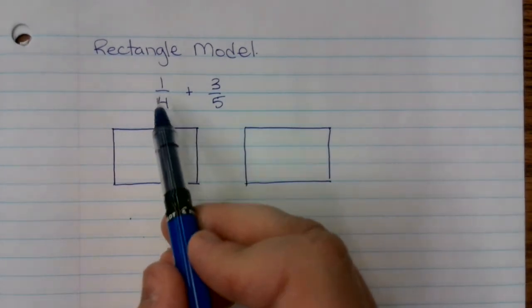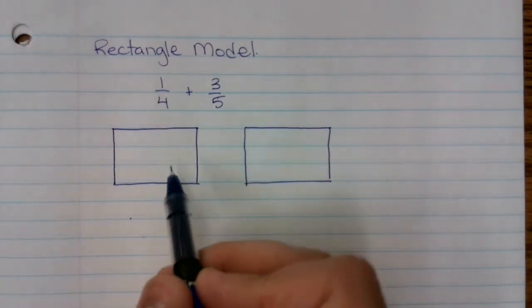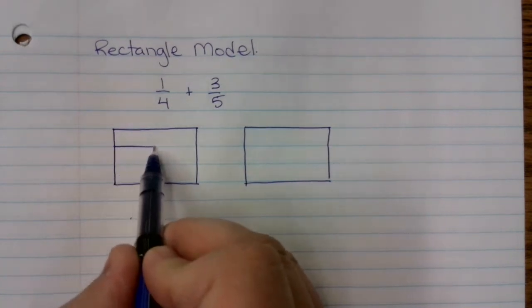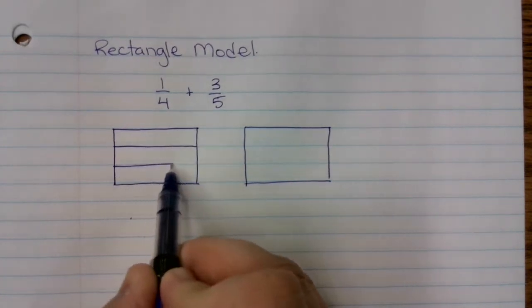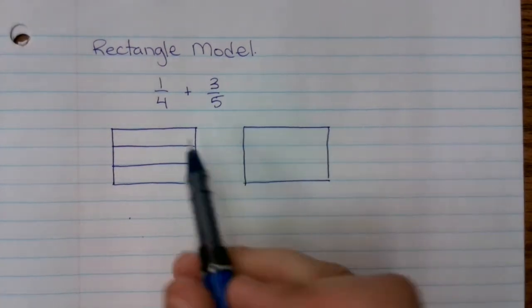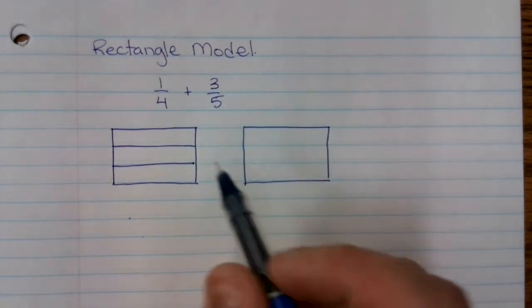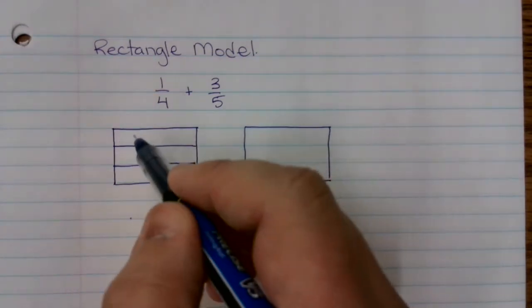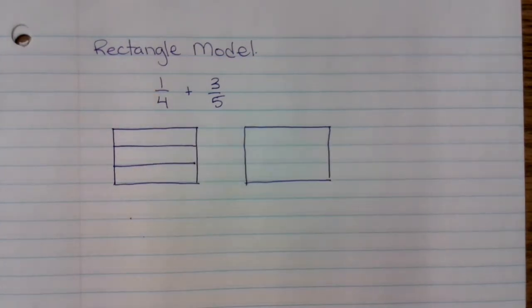My first rectangle I'm going to split into quarters, into 4 pieces. Now as you can see, I did not do a very good job here. So we're going to start over.